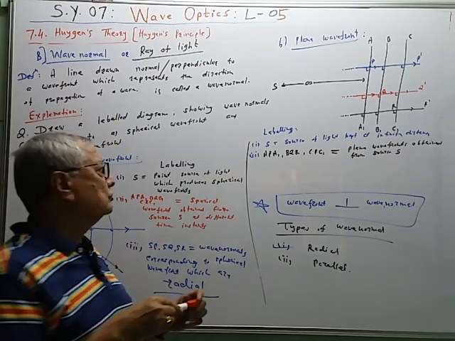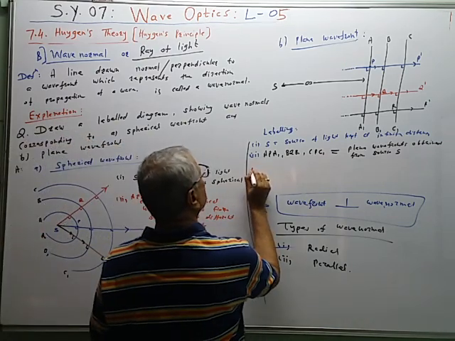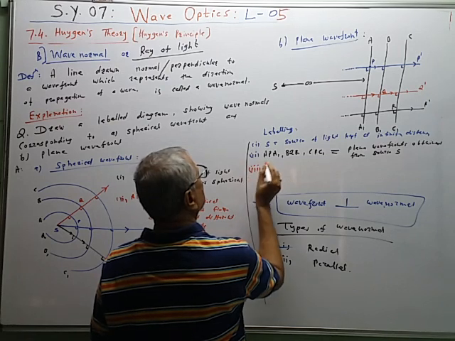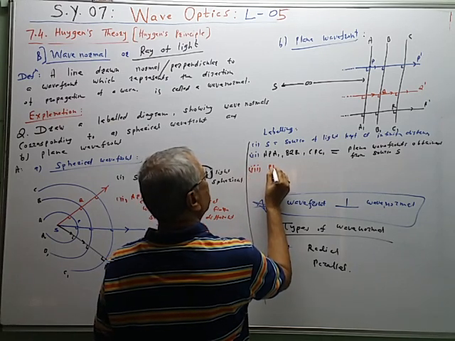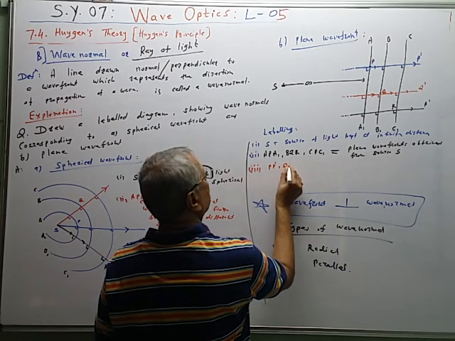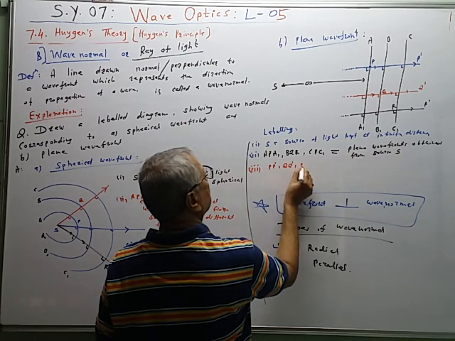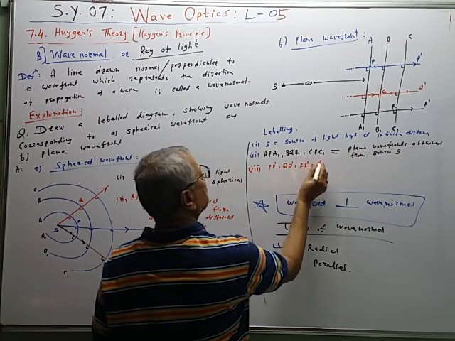And now wave normals: PP dash, QQ dash, RR dash.